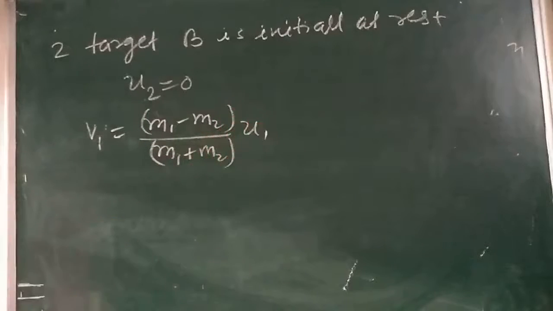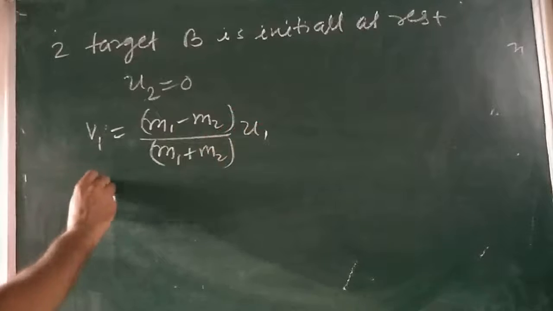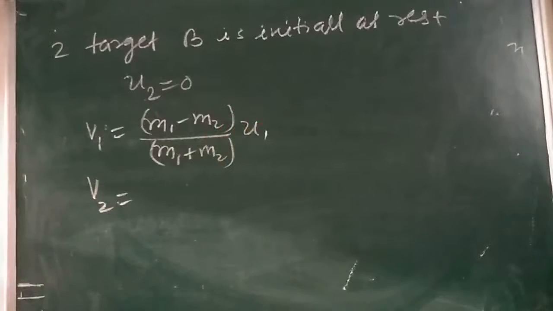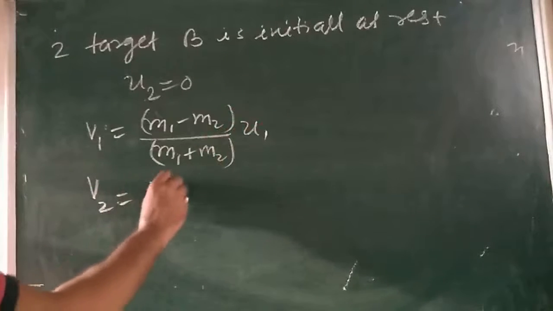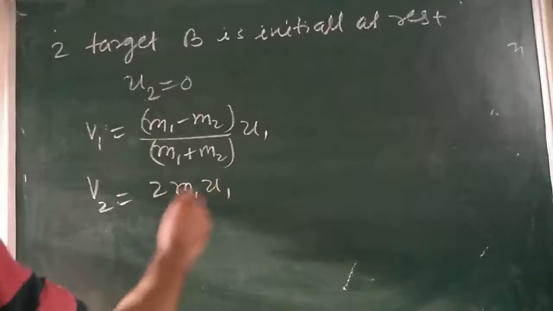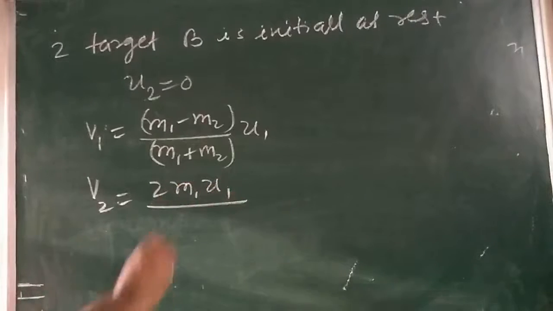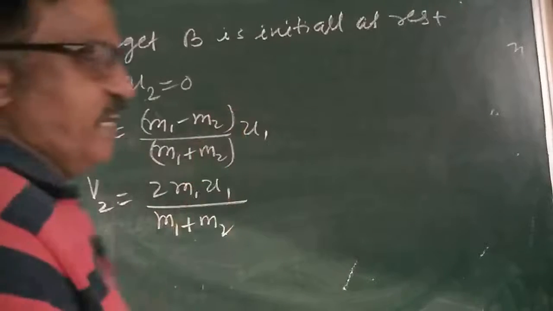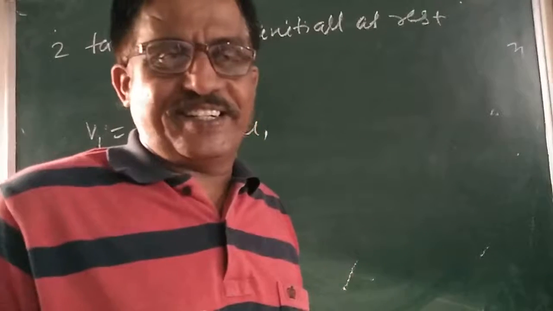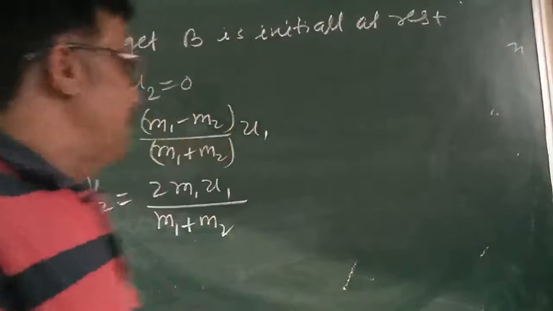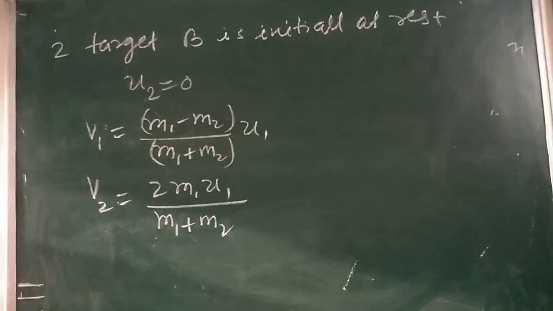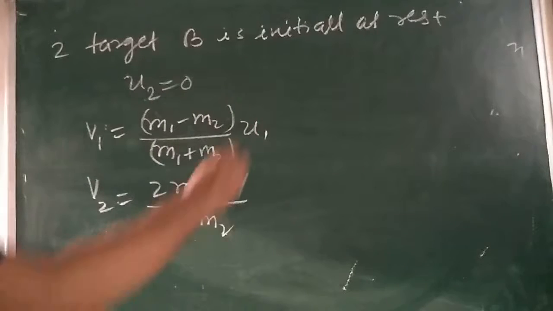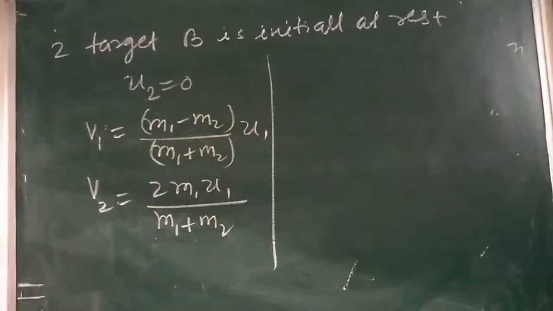And in our second equation of velocity v2, put there u2 is equal to 0, so you will get only twice of m1 u1 divided by m1 plus m2. These are the results when the second body is at rest. Three cases arise here.